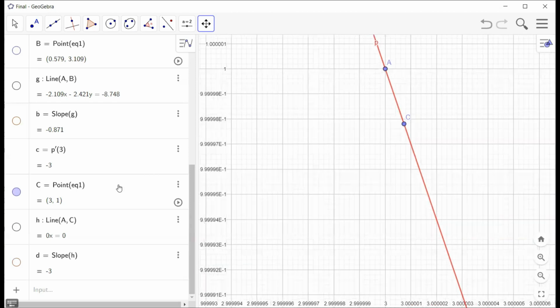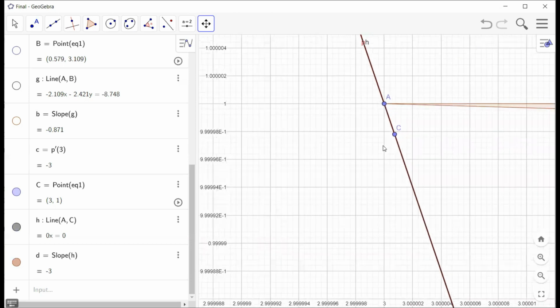So if we connect A and C to make a straight line AC, and we ask GeoGebra what is the slope of the straight line AC, which is called h, our answer is -3.